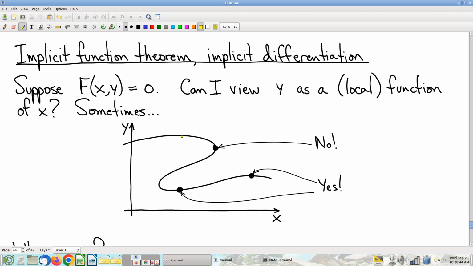Here it is. Suppose I have some equation, and again, remember, any equation could be written with all the terms on the left. Again, interesting note, any equation can be written as a level set, right? And that's going to represent some curve. And suppose I want to look at a certain point on the curve.